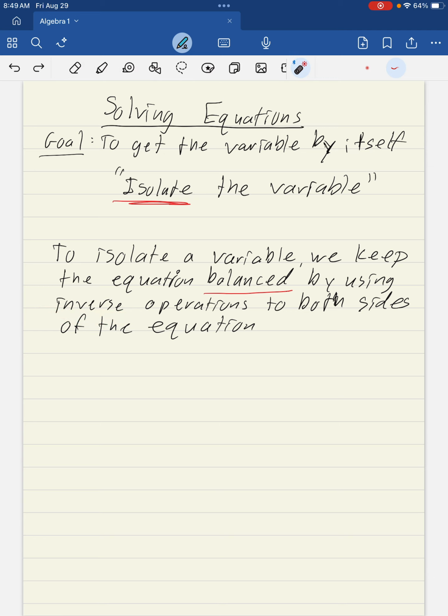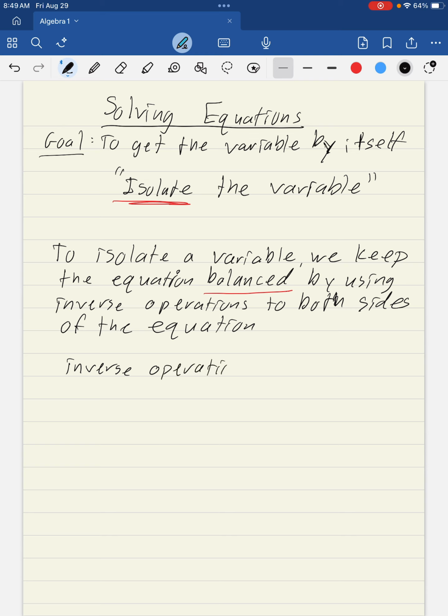What are inverse operations? That's a great question. So, inverse operations, the classics, or the most used ones in algebra, are going to be plus and minus. Our inverse operations, they undo each other, and times and divide, multiplication and division, undo each other.